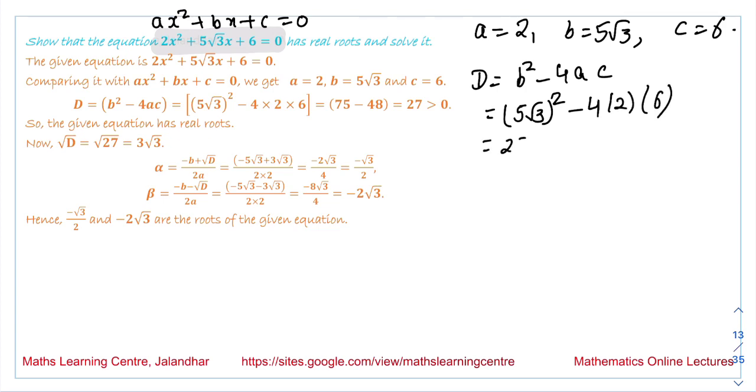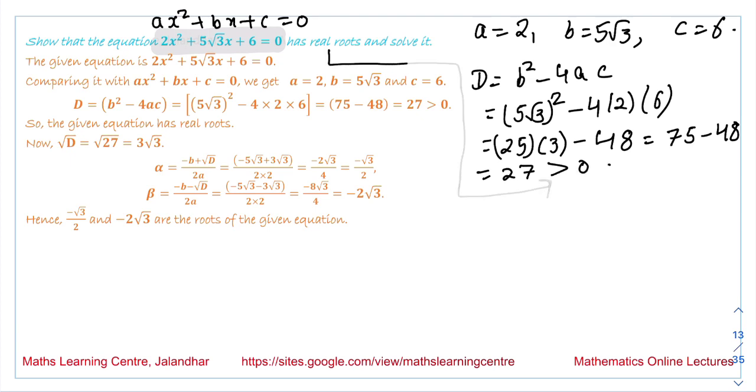So it is 25 into 3 minus 48, that is equal to 75 minus 48, that is equal to 27, and this is greater than 0. So this is the answer for the first part, that discriminant is greater than 0. It means that there are real roots.